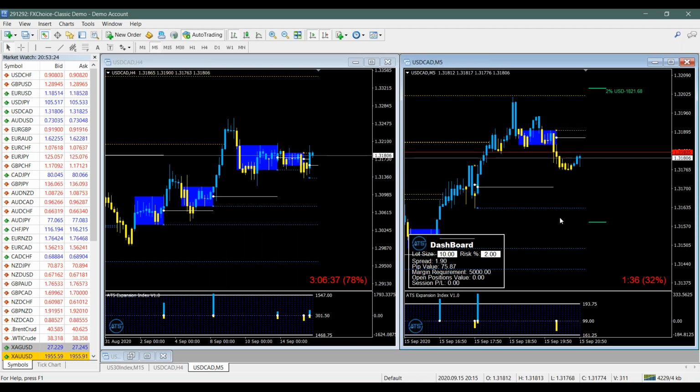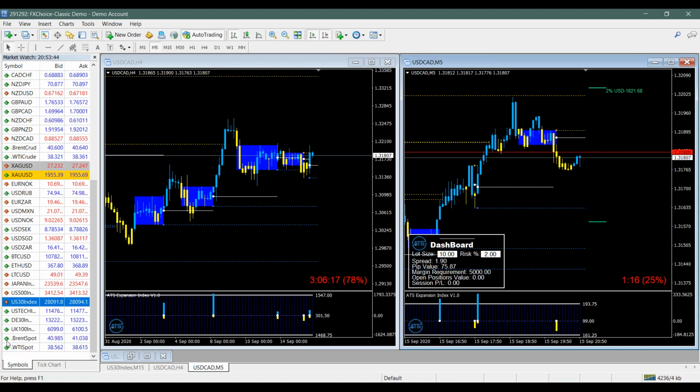You can also do the 1 minute into the hour, but that is contingent on the spread. If you don't have good movement relative to the spread, then the 1 minute is not really feasible. The US 30, let me pull that up right now.